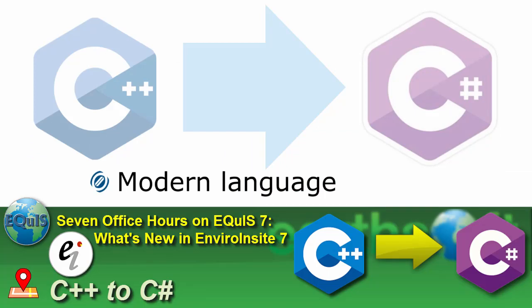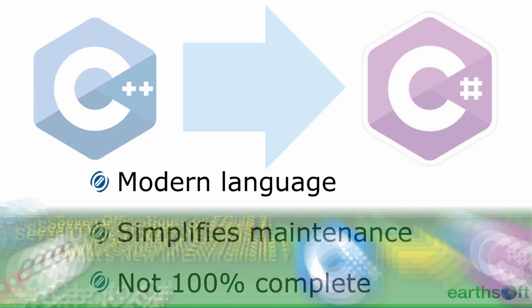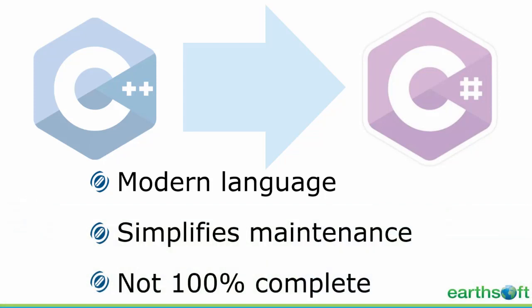So from C++ to C#. A lot of you probably have no idea what I'm talking about, but C++ was kind of the shiny new object in programming languages about 10 years ago. It was used a lot for developing Windows desktop applications. Since that time, C# has become more of the standard.